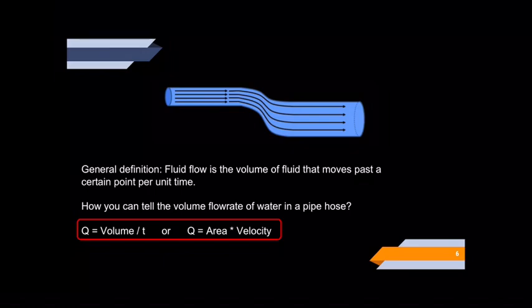Then you can have Q equal to volume over time. And we have also learned that flow rate is equal to area times velocity. Let me show you how we can relate area, velocity and volume over time.